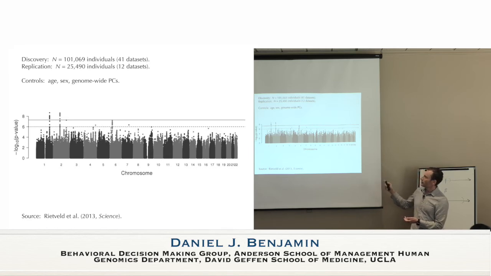We followed the convention in medical genetics of having a minimal set of controls: just age, sex, and genome-wide principal components. There really wasn't much available in most of these 41 cohorts that we could have controlled for that would go beyond that. And what we found was 3 genome-wide significant hits.